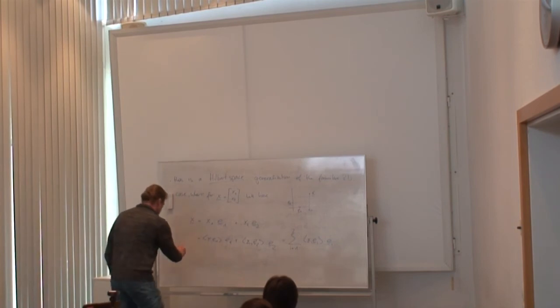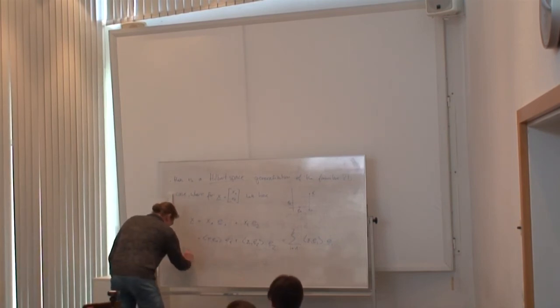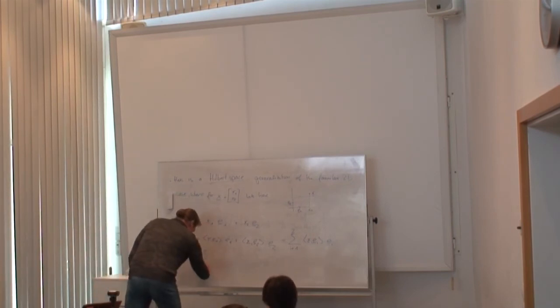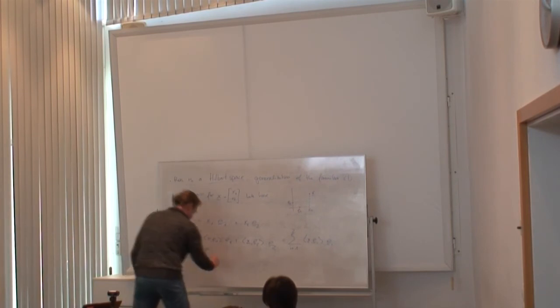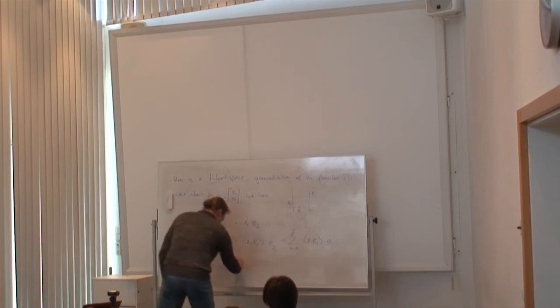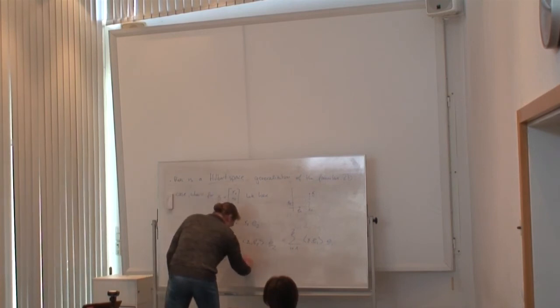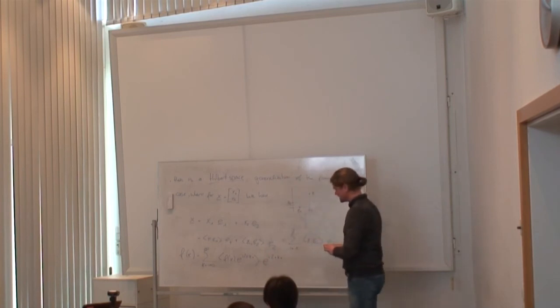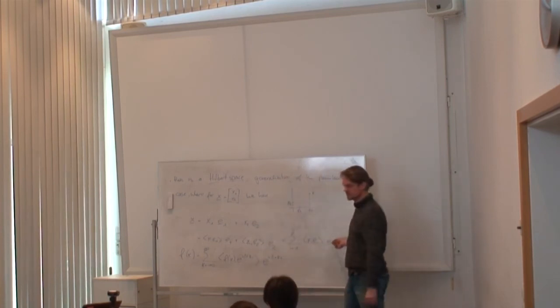So we have derived so far that a function f of x can be expressed as a sum that ranges from minus infinity to infinity, and then an inner product of f of x with a vector e to the i 2 pi kx, times e to the i 2 pi kx. So this is indeed exactly the same structure as this.